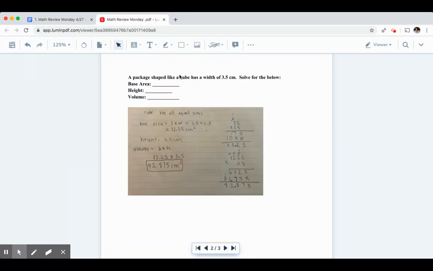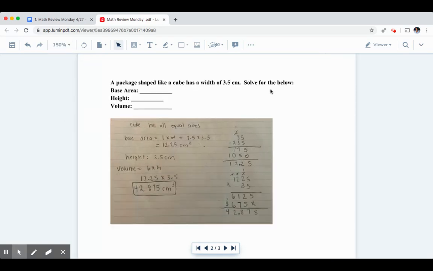The next problem said a package shaped like a cube has a width of 3 5/10 centimeters. Solve for the below. You needed to solve for the base area, the height, and the volume.